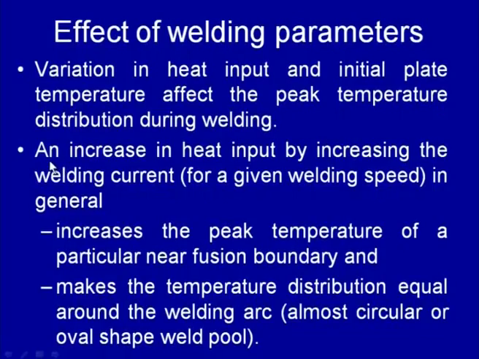So, to see the effect of the heat input and the initial plate temperature on the peak temperature, we can see that an increase in the heat input, by increasing the welding current for a given welding speed, or for a given welding current, by reducing the welding speed, increases the heat input.